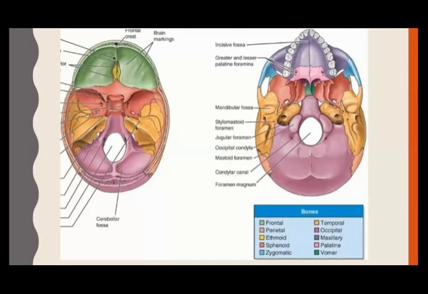These two are called the pterygoid plates: medial pterygoid plate and lateral pterygoid plate. They are also part of the temporal bones.